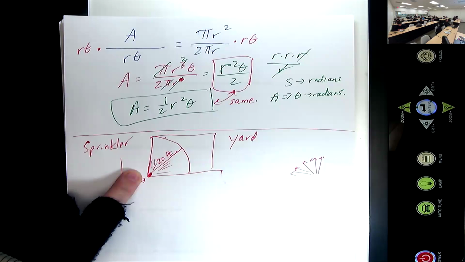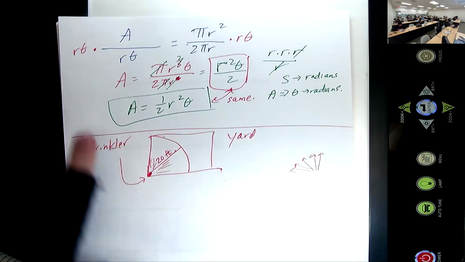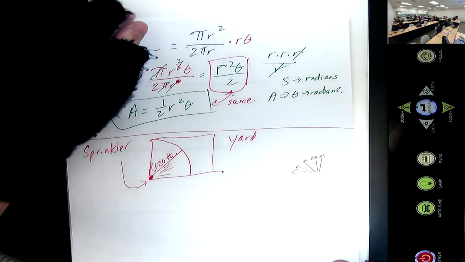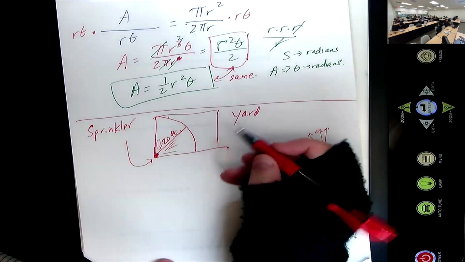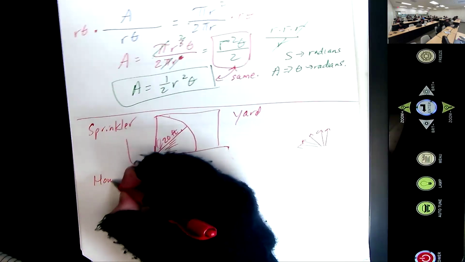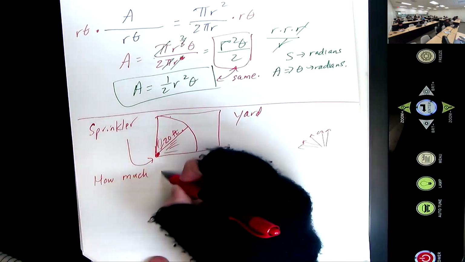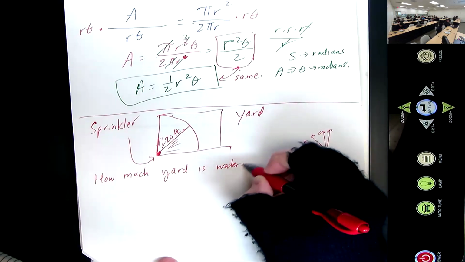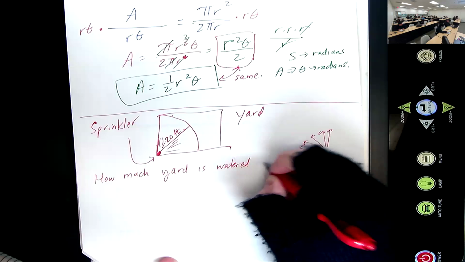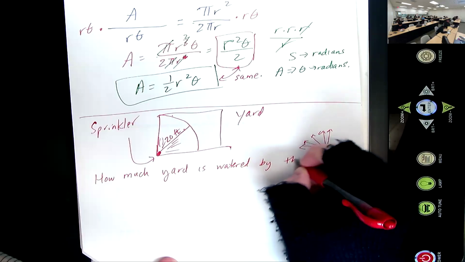There's some magic in the mechanical engineering going on in that sprinkler versus this one. But effectively, it's doing the same thing. How much of the yard is watered by that single sprinkler?